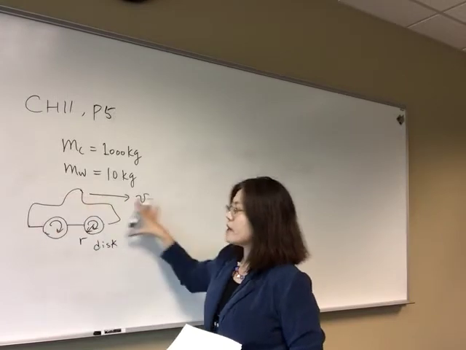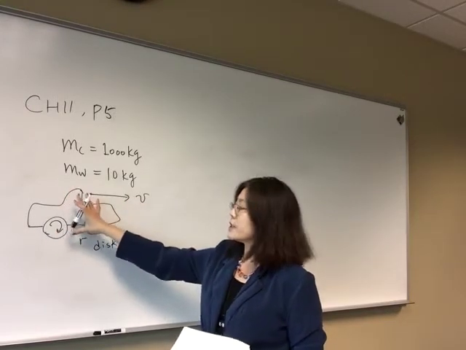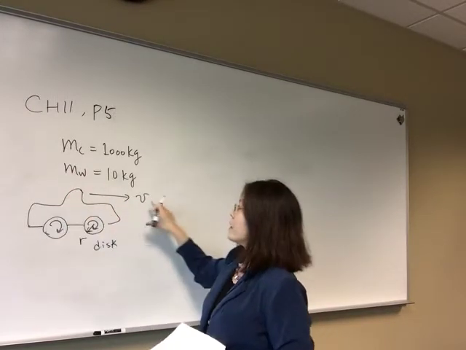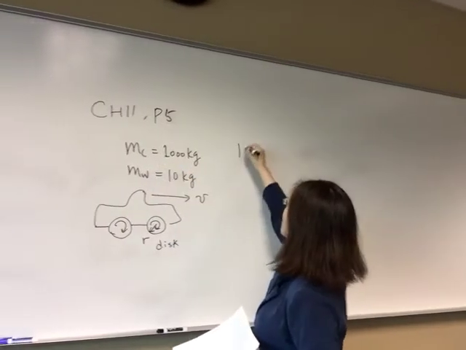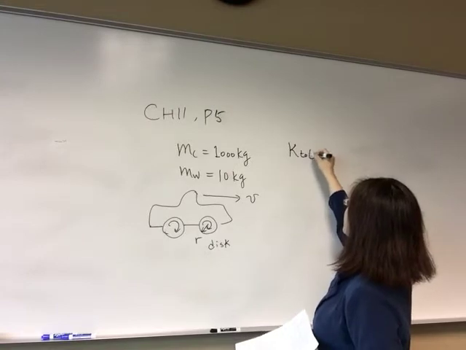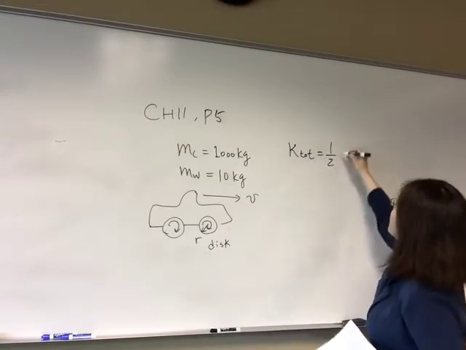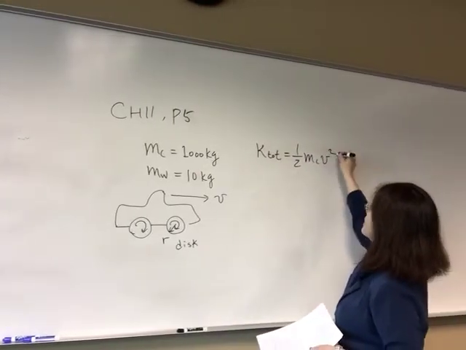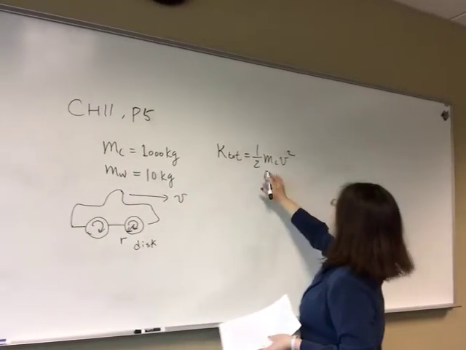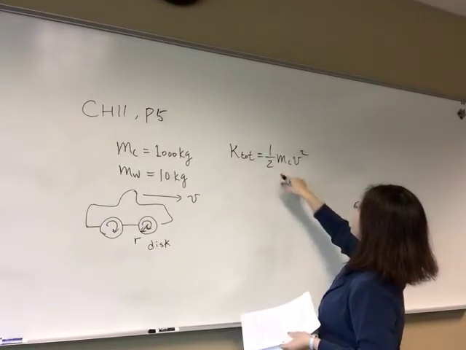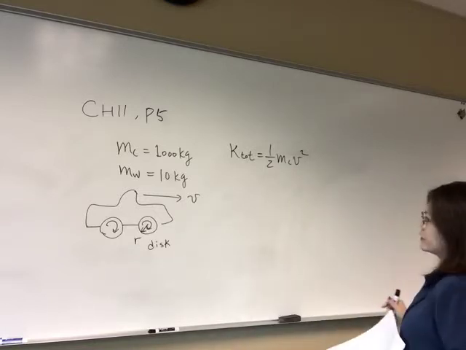This car, the whole thing. Treating that as a system, it is moving with the velocity v and has the mass of m. So the total energy of the system would just be 1/2 the mass of the car and the velocity that it is moving, so you have 1/2 m, mass of the car, times v squared.